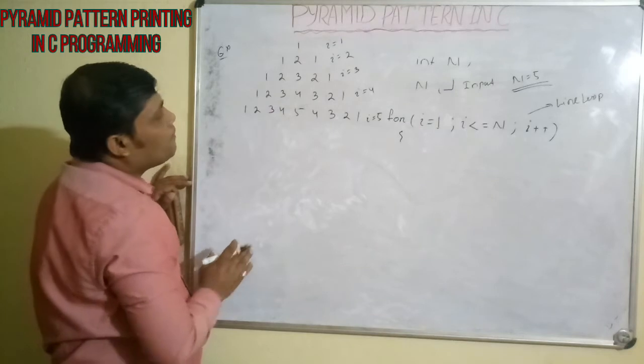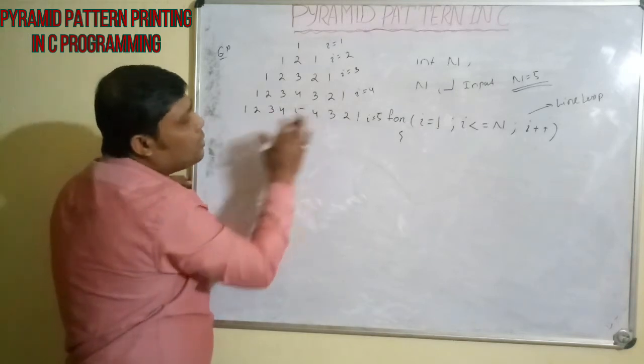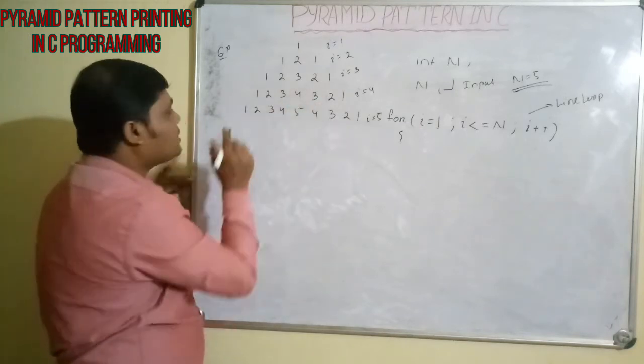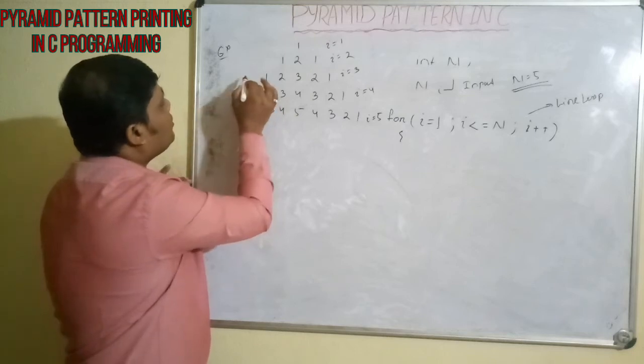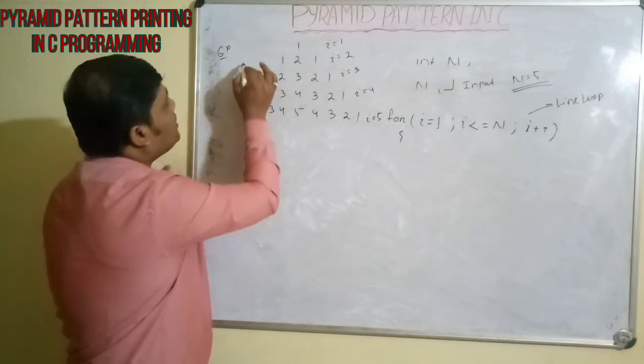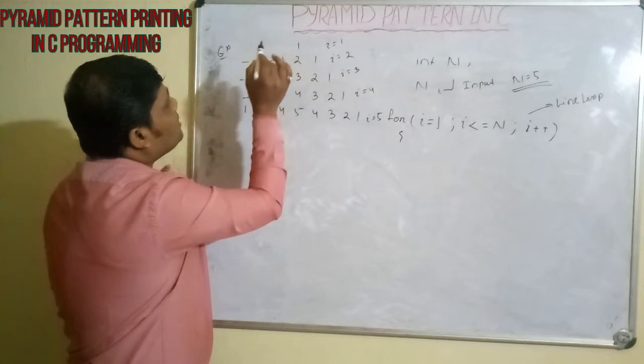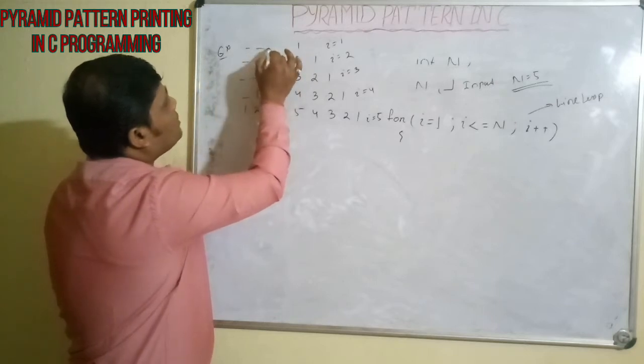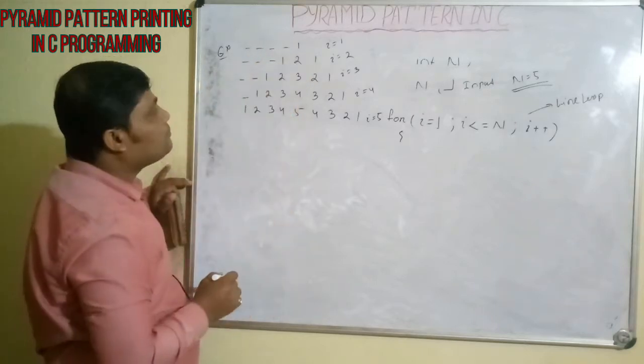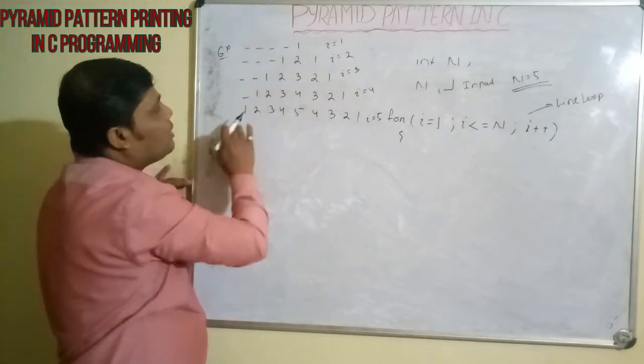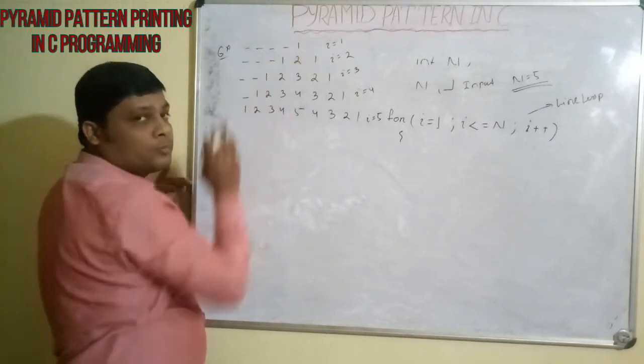You can see before printing each number there are some spaces. Here 1 space, here 2 spaces, here 3 spaces, here 4 spaces. Clear? So we have to take another loop, that is the space loop.